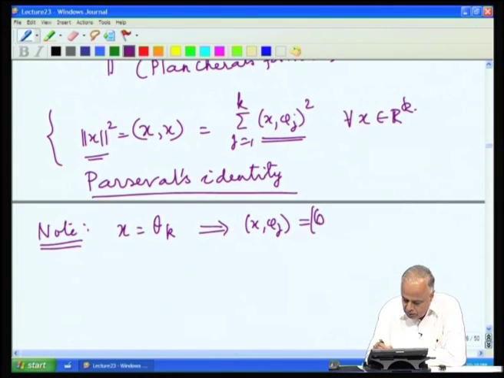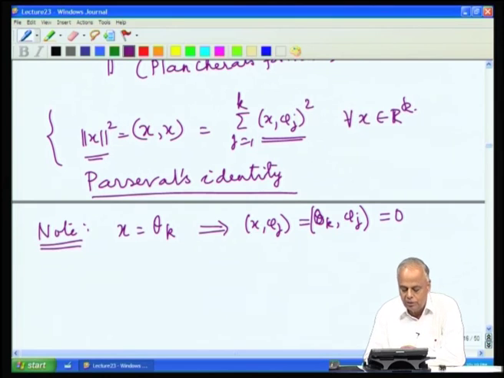First of all it is equal to the inner product of theta k with phi j, but the inner product of the 0 vector with anything is 0. So, all the Fourier coefficients are 0, and therefore, we get norm x squared is 0, which is what we want, because the length of the 0 vector is 0.